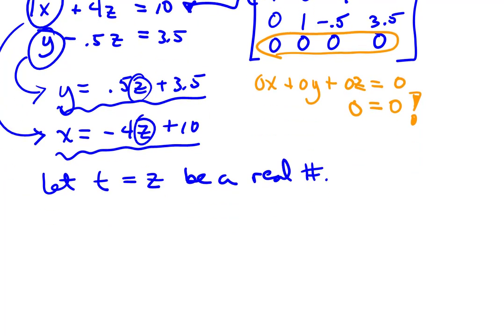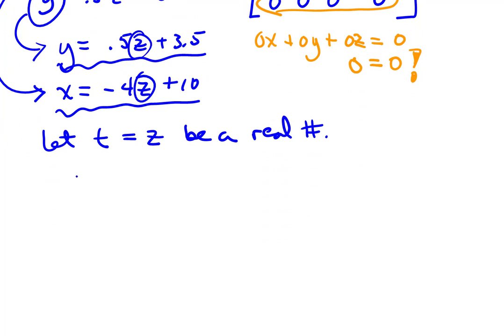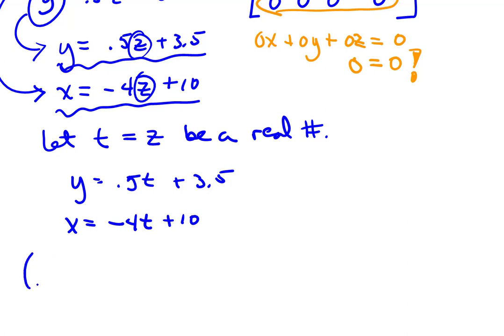and then you can replace the z's with t's, which would give you y equals 0.5t plus 3.5, and it would give you x equals negative 4t plus 10. So this is a totally valid way of doing it, where you'd write your answer as an ordered triple, but you'd use these t expressions in it. So for x, we'll write negative 4t plus 10, comma.